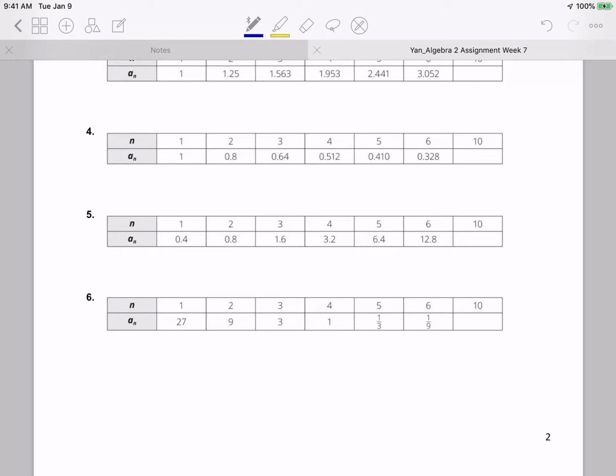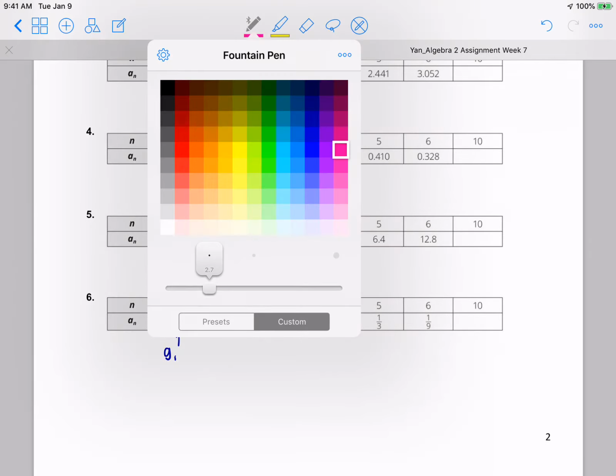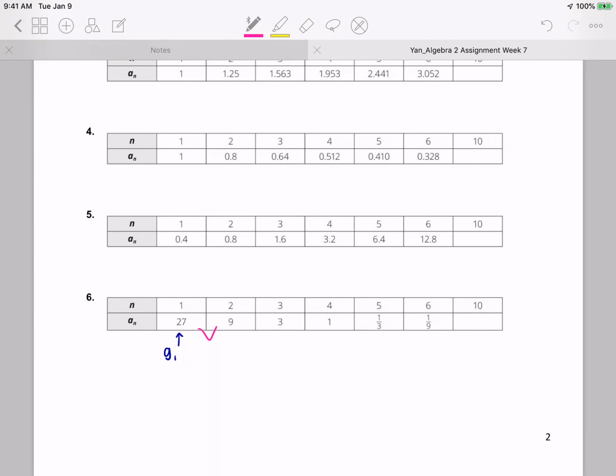I see my first number, so I know this is gonna be my G1 later. But what is our pattern here? How do we get to the next number? It looks like we are dividing by 3, right? But if I can only multiply, that means instead of saying divide by 3, we have to multiply by 1/3.